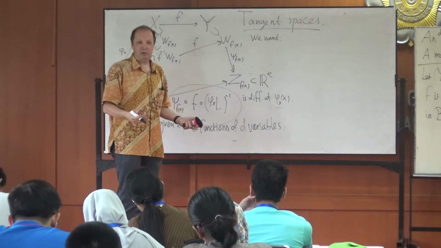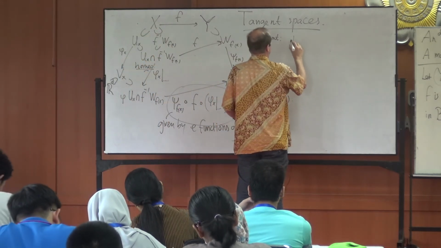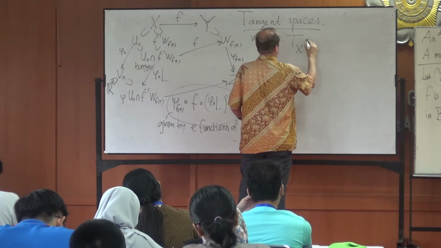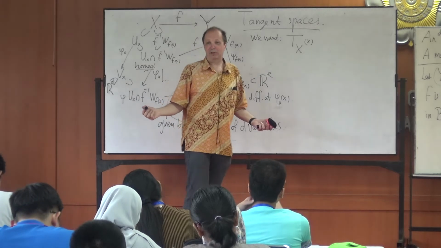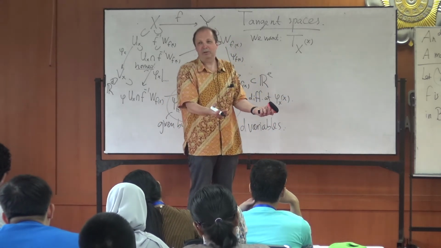And we want to have a natural definition of it. I even forget the notation. For me, it is T_x at the point x, okay? The lecture notes may have a different notation. And if you open any book, it may have a different notation.